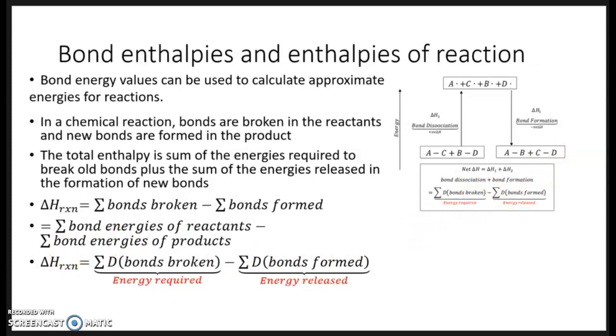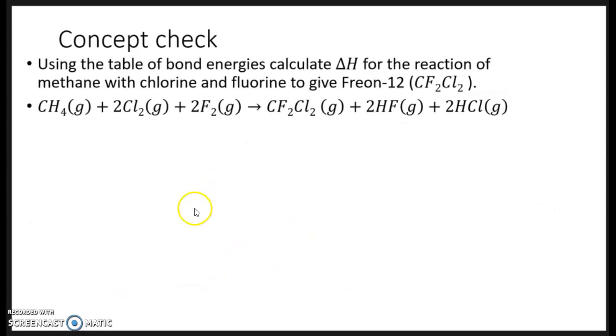So let's work an example on this. Bond energies are often tabulated as a reference point. Calculate the delta H for the reaction of methane with chlorine and fluorine to give freon, that's CF2Cl2. So let's look at the reaction: CH4 plus 2Cl2 plus 2F2 to give CF2Cl2 plus 2HF plus 2HCl.